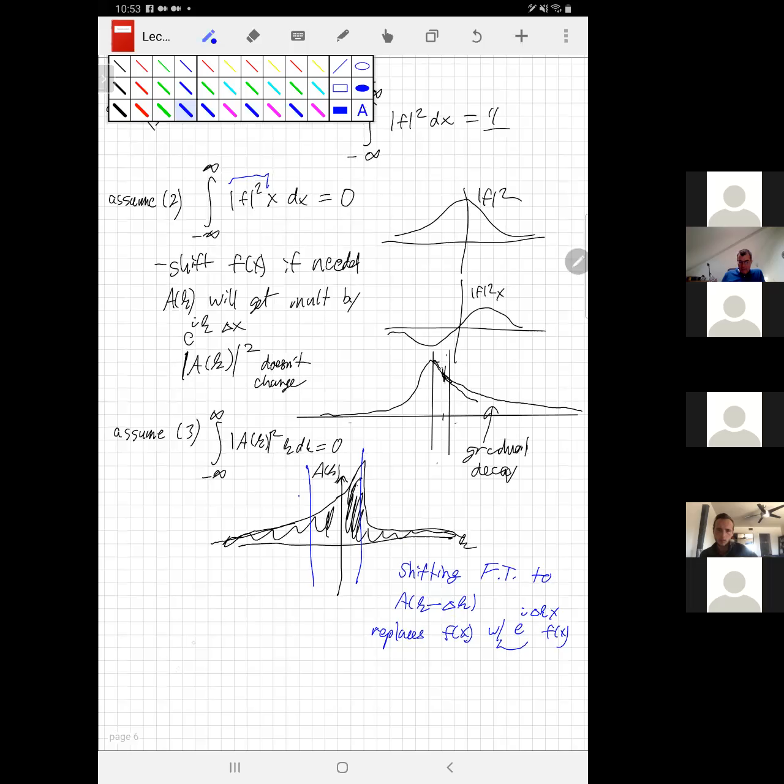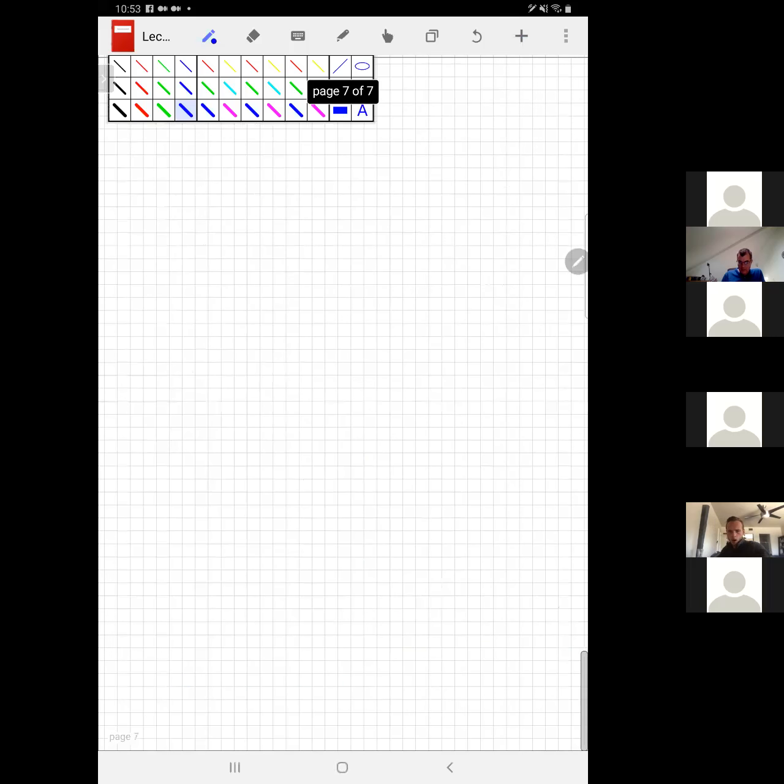Okay, well, the uncertainty principle says that the variance of x times the variance of k is greater than or equal to some bound that we're going to calculate.